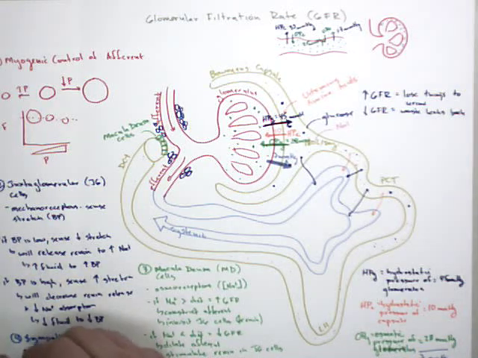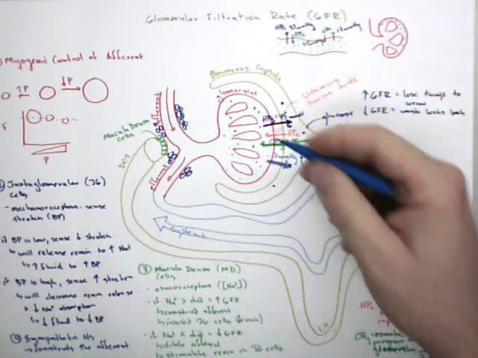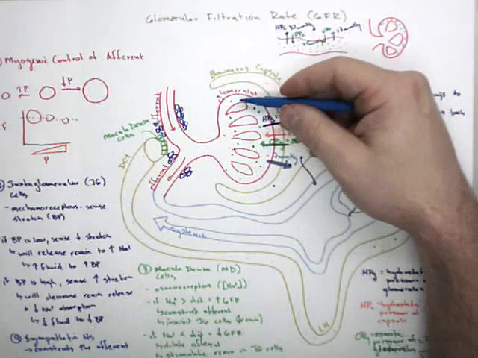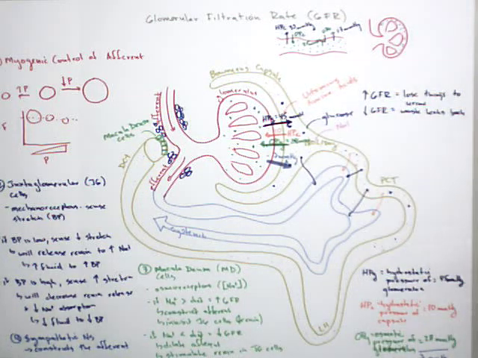The way the sympathetic does this is that it alone can constrict the afferents. And if you constrict the afferent, you deliver less blood to the glomerulus. You make less urine, which means you retain that fluid, and your blood pressure is going to go up. The sympathetic nervous system can also stimulate renin.